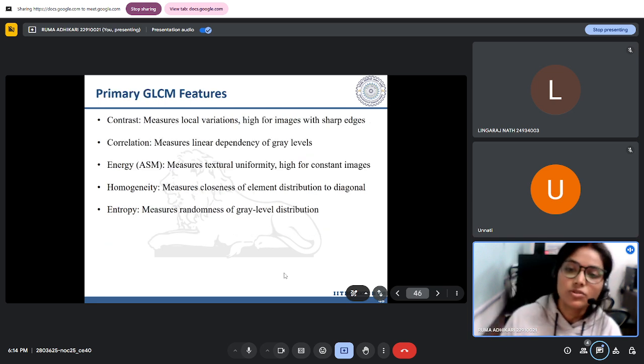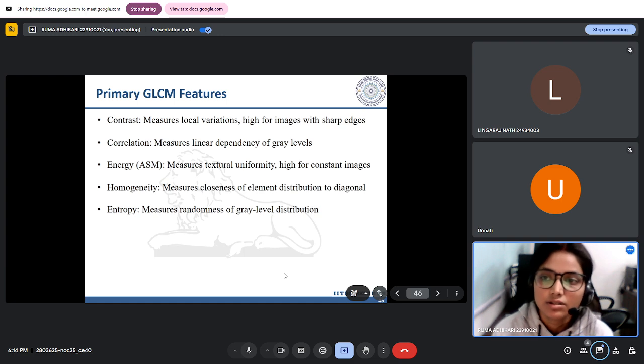Now this is the most important one. When we use software or coding for our application, we can use these features or parameters. Parameters come first, just contrast. What is contrast? It measures local variations, high for images with sharp edges.